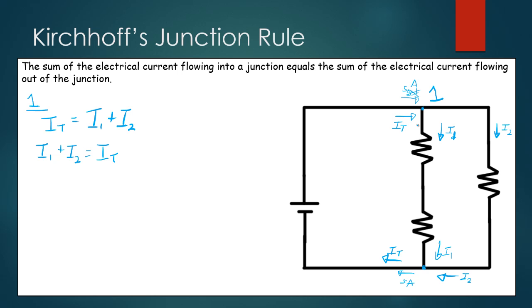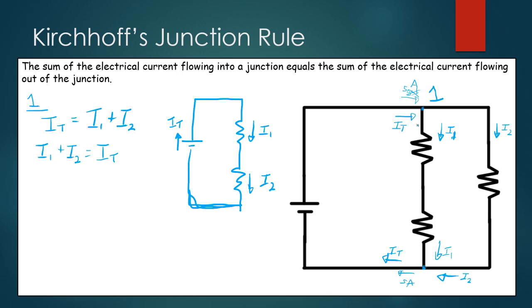Now, if we were to look at a series circuit, we would notice that there are no junctions. And if there are no junctions, then the current through resistor 1 and the current through resistor 2 should equal, or better equal, following this rule, the total current. So parallel and series have a different relationship here: because there are no junctions, objects in series have the same current flowing through.